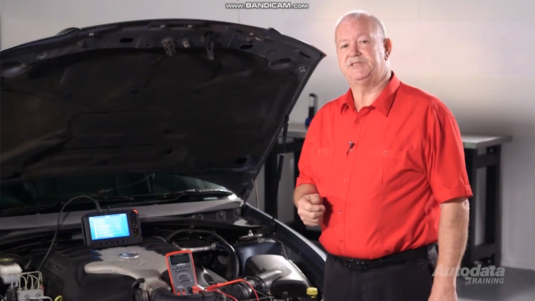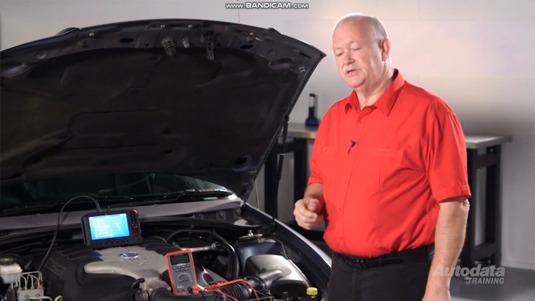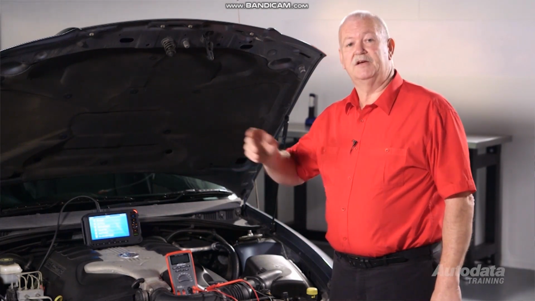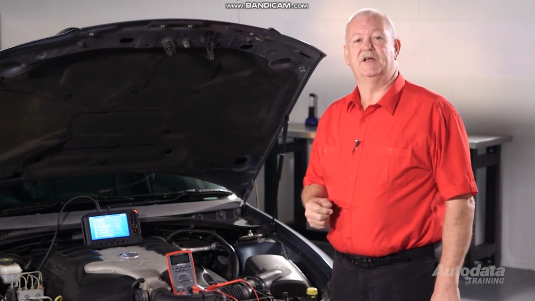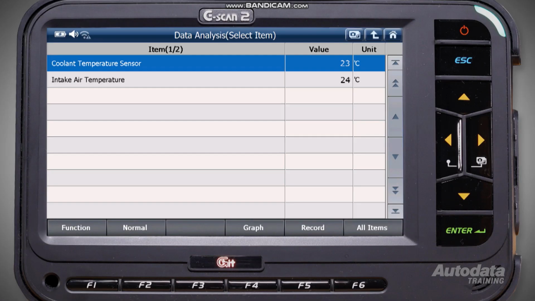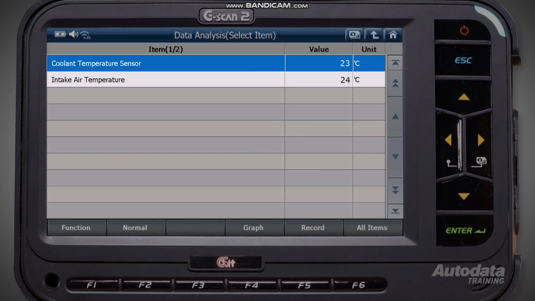When dealing with temperature sensors, there's a tip you can use if you've got a scan tool and the vehicle's been standing overnight or for an extended period of time. With the ignition on and the scan tool plugged in, I'll compare the readings of the coolant temperature sensor and the intake air temperature sensor.